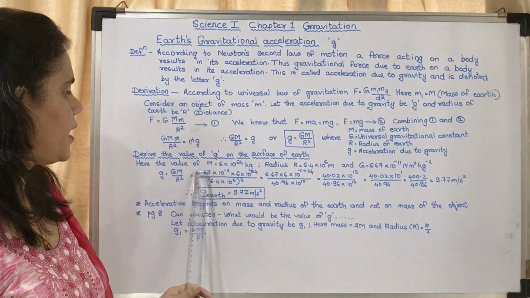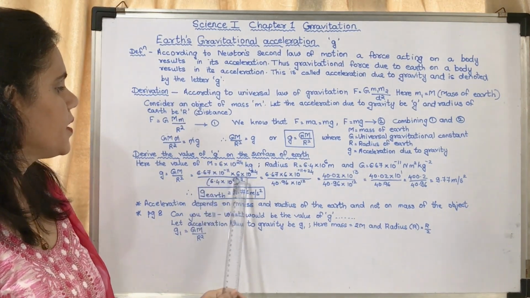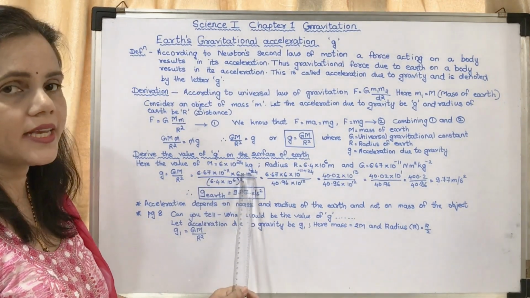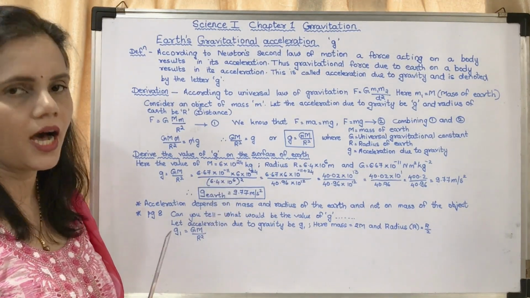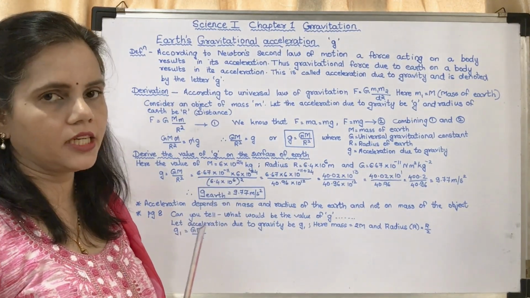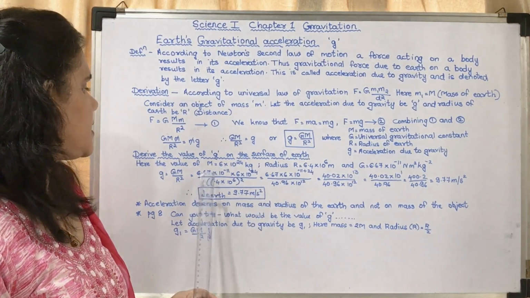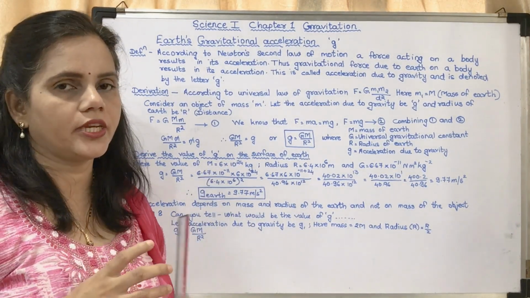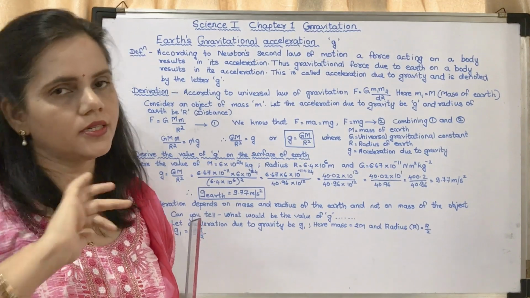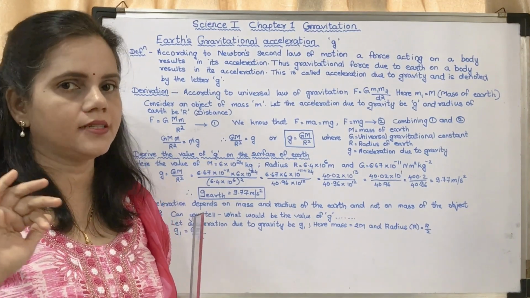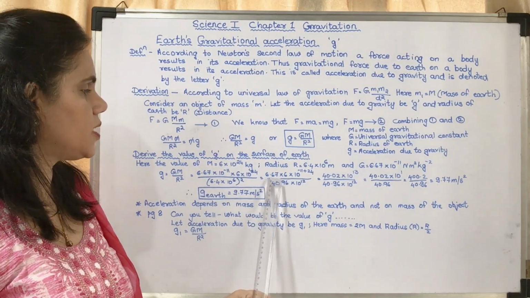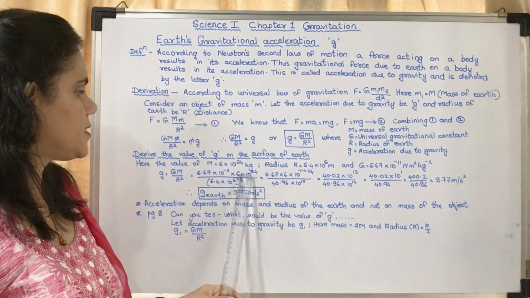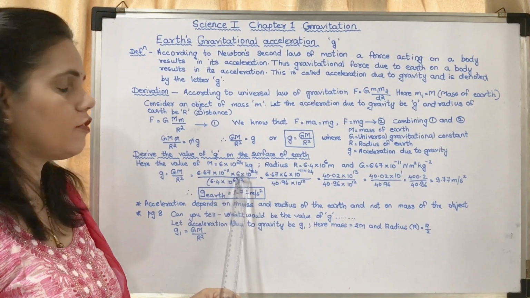This much is the value of capital G, this is the value of capital M, and this is the value of capital R. Now how to calculate it? You take the numbers together and the powers of 10 towards the next. So I have taken the numbers together, 6.67 into 6.